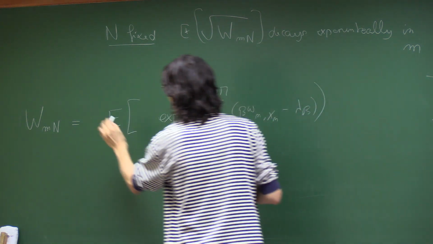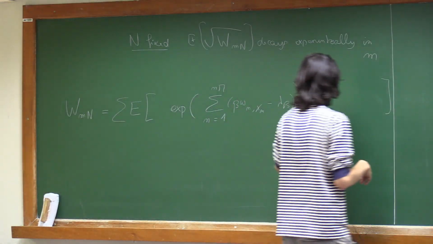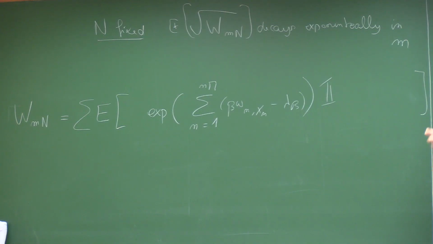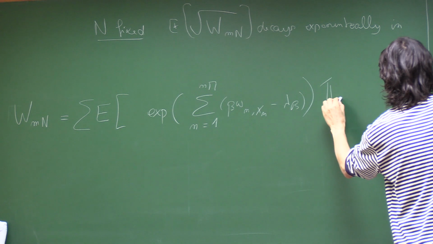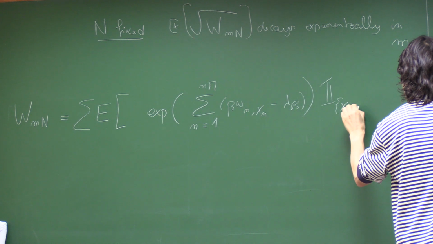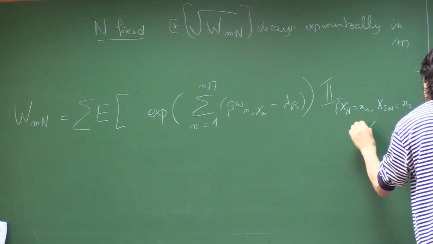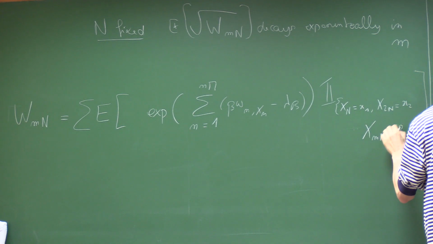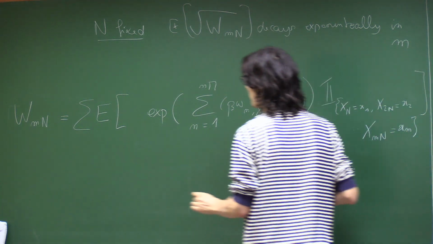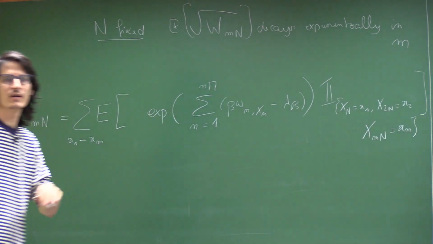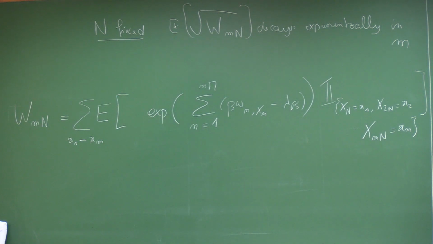Then you can decompose this by telling where your walk goes after multiples of big N steps. Here we put the indicator that xN is equal to x1, x2N is equal to x2, up to xmN is equal to xm, and I sum over x1 up to xm in Zd.